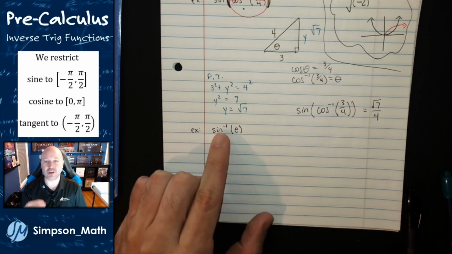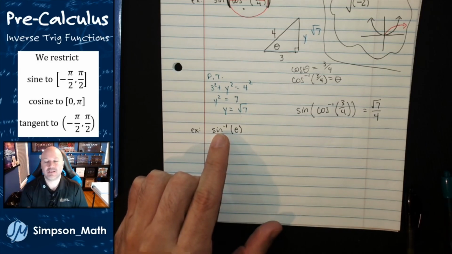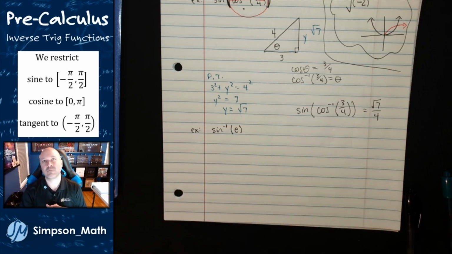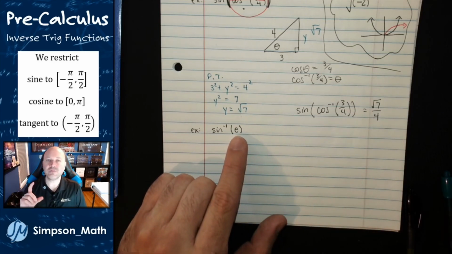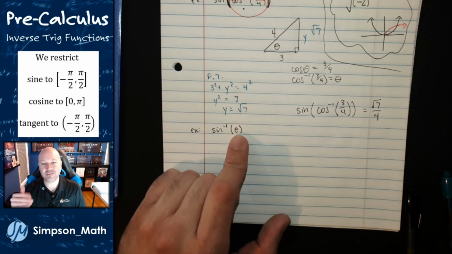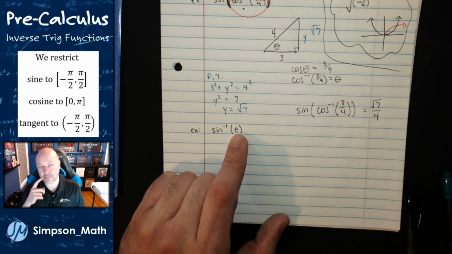It's an inverse question, so I know it's asking for an angle between negative pi halves and positive pi halves. What is E? E is representing here a ratio of side lengths of a right triangle. And we know E is Euler's number, 2.7 blah blah blah. It's an irrational number, kind of like root 7 or kind of like pi. It's just a decimal that goes on forever.